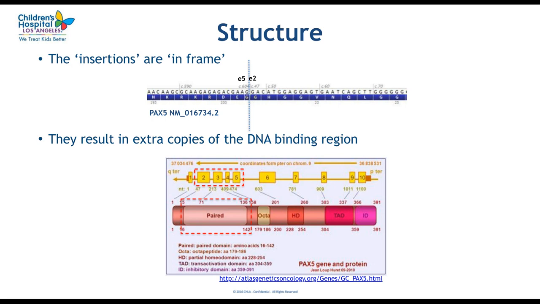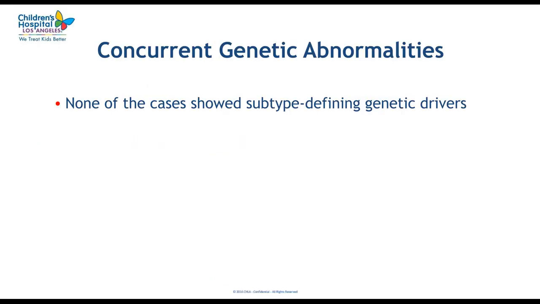B cell differentiation. What was also very interesting to us is that in our cases, we also did not have any key genetic drivers. All cases were negative for other genetic drivers that define subtypes of B-ALL. So our results are also consistent with this being the primary subtype-defining driver, likely associated with this PAX5 alt subtype of B-ALL.